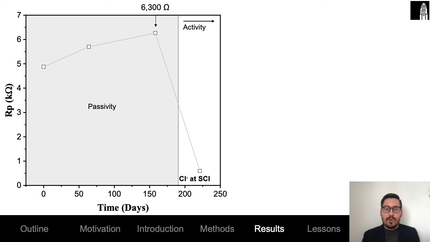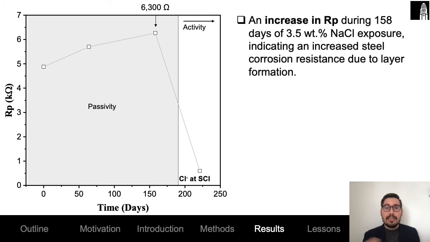To understand what these chemical changes are and how important they are, when we're looking at the RP values derived from linear polarization resistance, we can see that in the initial 158 days of sodium chloride exposure, there is an increase in RP values, likely indicating that the steel corrosion resistance is increasing due to the formation of perhaps a layer. And the local maxima here is at 158 days.